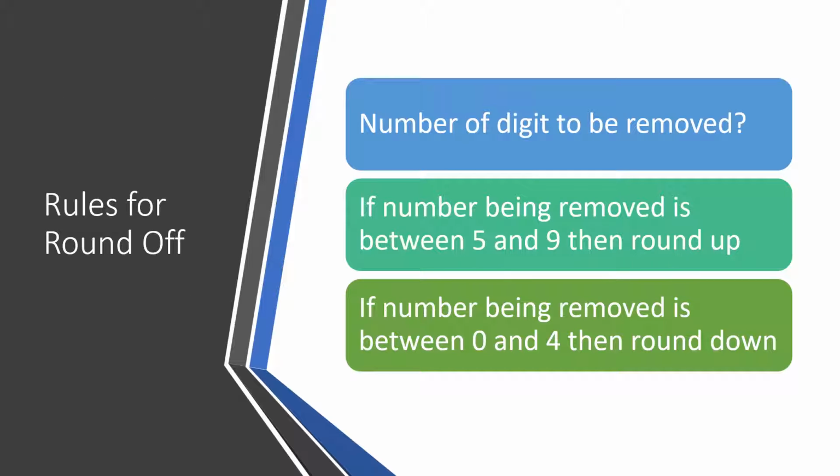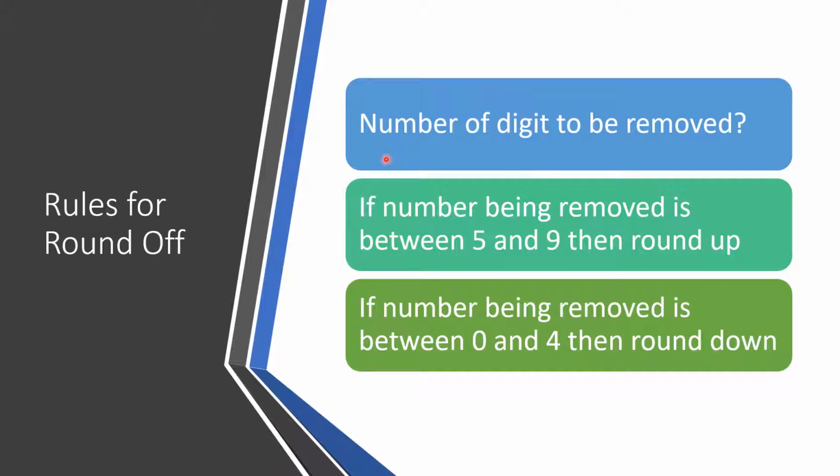Oh, so round off. We didn't really talk about round off before. The digit to be removed: in the previous example, we had 15.0, and then a bunch of other digits.